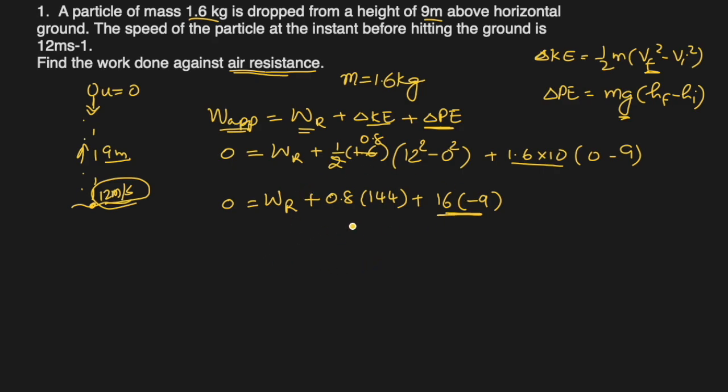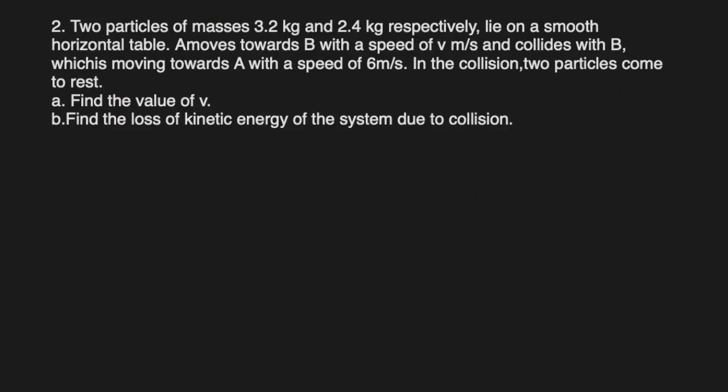So let's bring it here. 16 times 9 is 144. So 144 becomes positive, but this will become negative, which is 115.2, equal to WR, the work done by the resistive force, and WR comes out to be 28.8 joules.